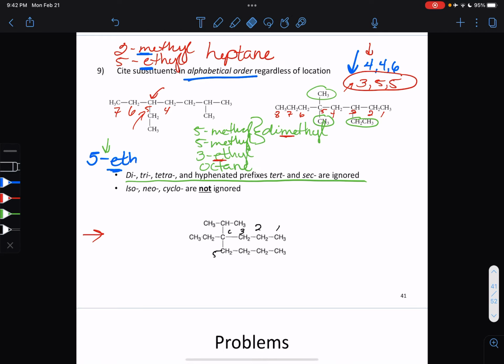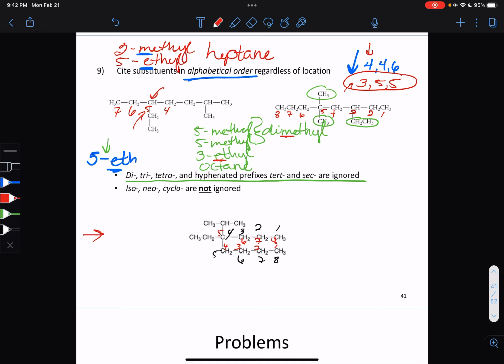Let's erase those and write them closer. Okay, so that's 4, 5, 6, 7, 8. So that's an 8-membered chain right there. Okay, what if we did 1, 2, 3, 4, 5, 6, 7, 8?